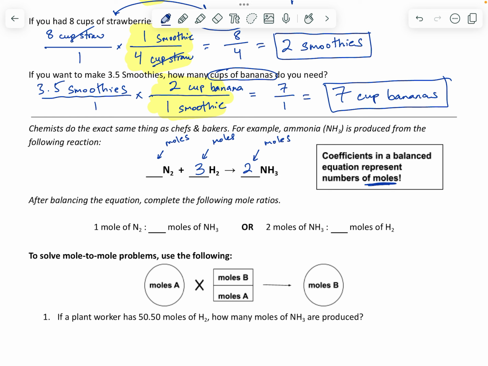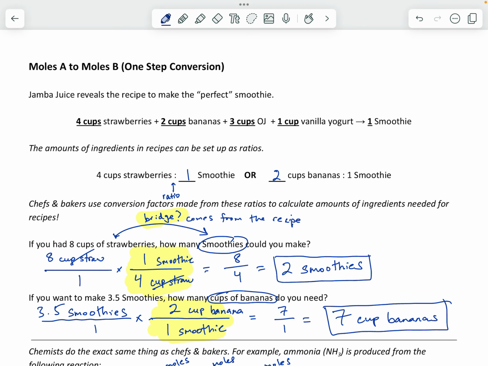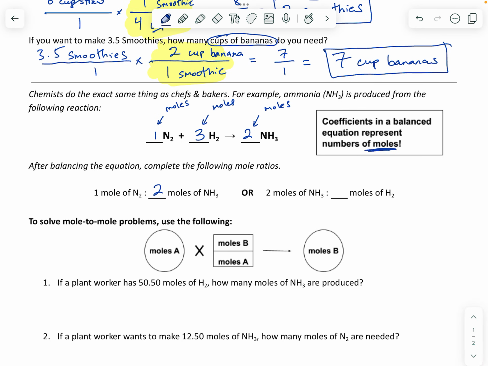That's the coefficient here, and I'll write that as a placeholder so you see there's 1 mole of nitrogen for every, I'm looking at NH3, I see 2 moles of NH3 from our balanced equation, and this is a mole ratio. You know, the only difference is we're not talking about cups of strawberries or yogurt anymore. We're talking about chemical substances.